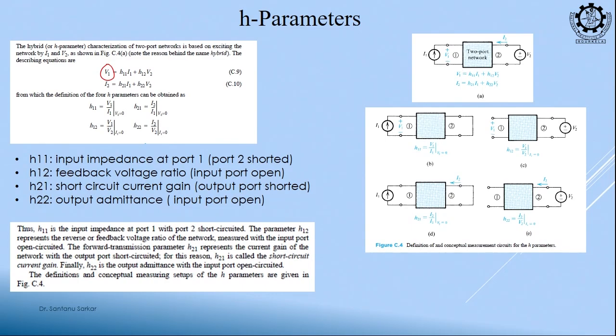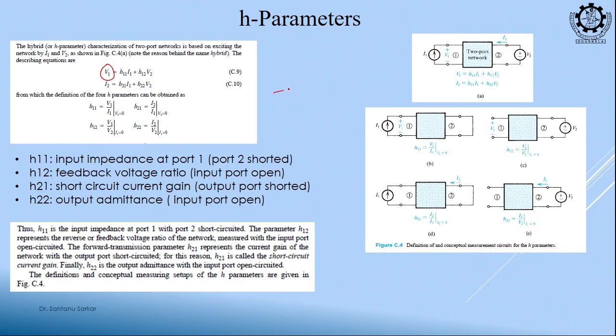H11, input voltage VB by IB, what is that? VB by IB is R pi. Can you correlate? So, you see same thing, different terminologies.